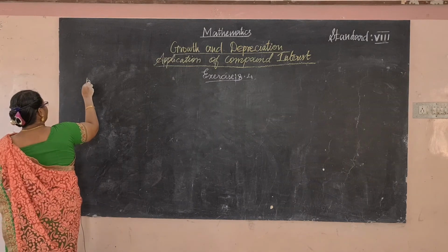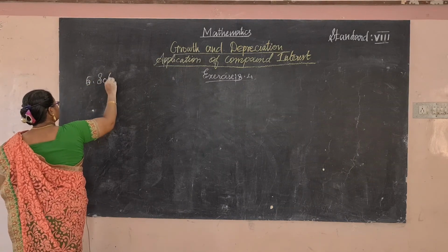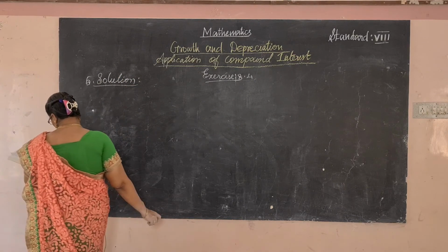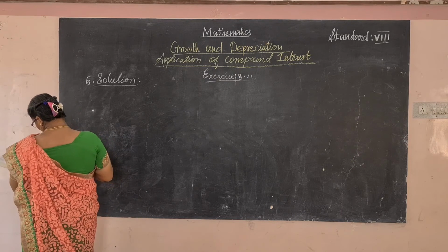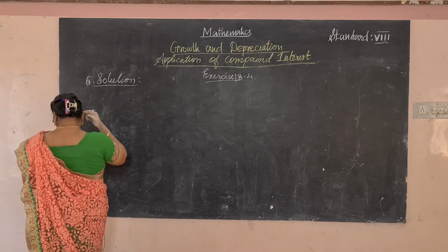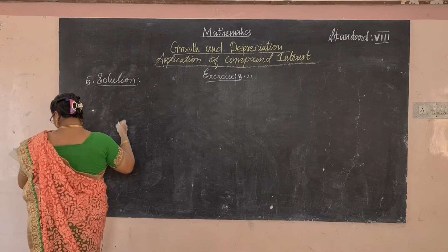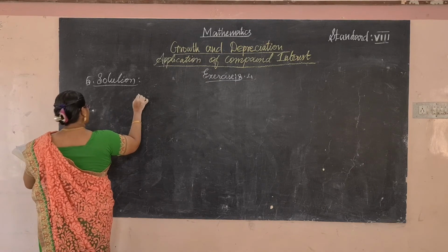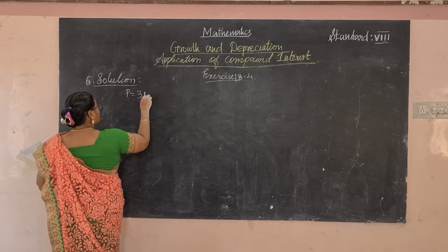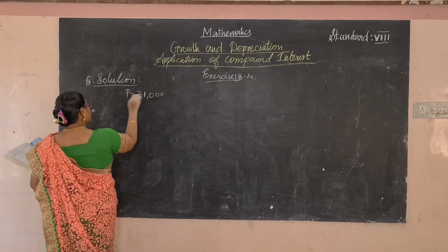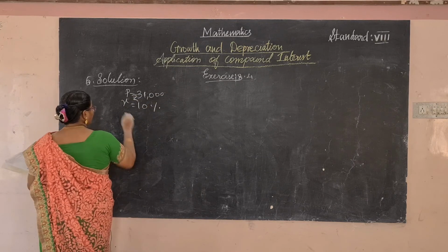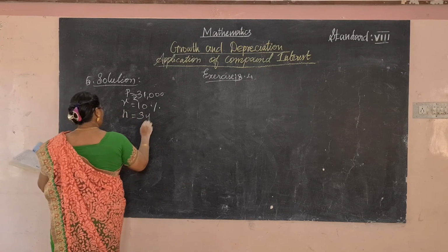Fifth one. Depreciation is given. So principal is equal to 31,000 rupees. Okay, and rate is 10%, and the number of years is equal to 3 years.